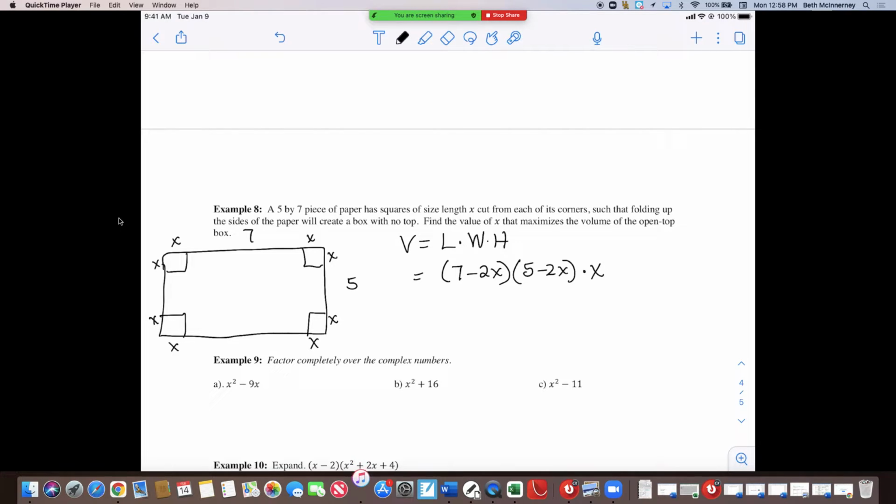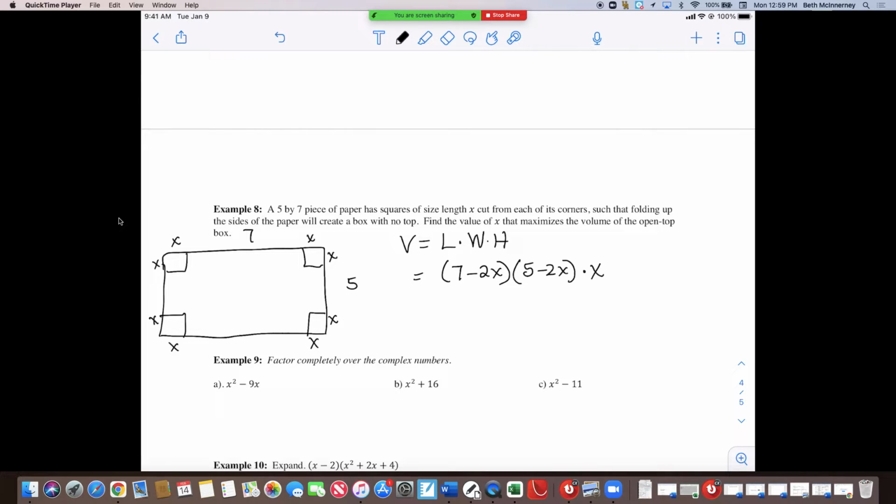Do you understand then, if this were 5 across, I took x and x off, so that made it 5 minus 2x. And then on the long side, this was 7, but I took an x and an x off, so now this piece is 7 minus 2x. So do you see how I've made a box? And it really is 7 minus 2x and 5 minus 2x. Does that make sense? How I did that.